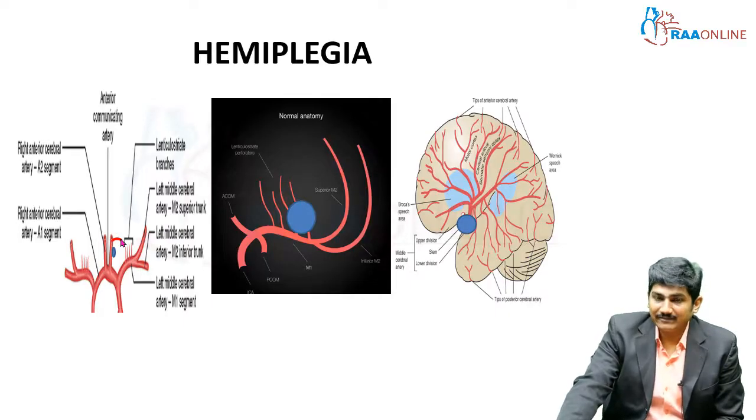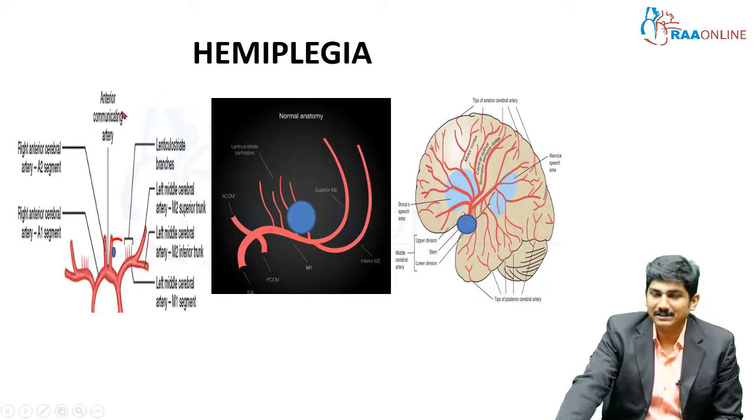Since the artery of Hubner represents only the internal capsule part, the cortex is intact. So the face and upper limb cortical sensations will be intact. This A2 supplies the lower limb at the cortical level. So in the leg, cortical sensations will be affected.